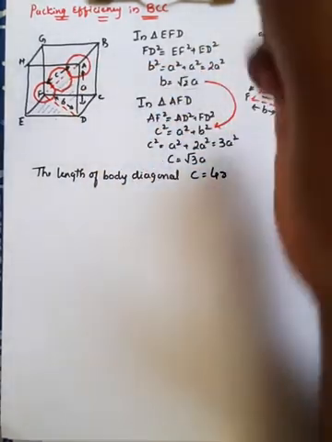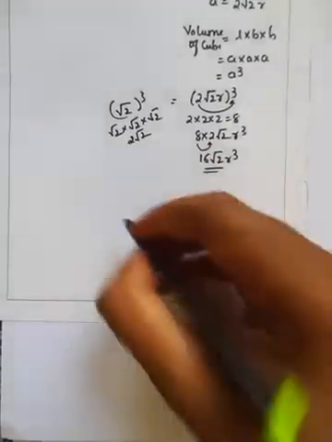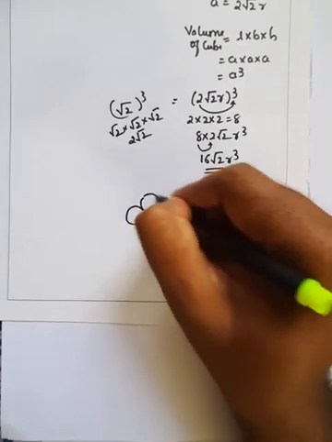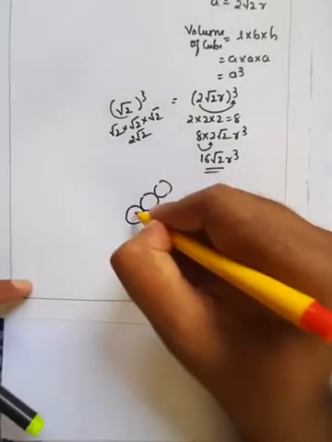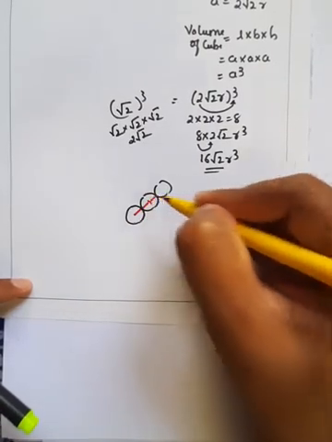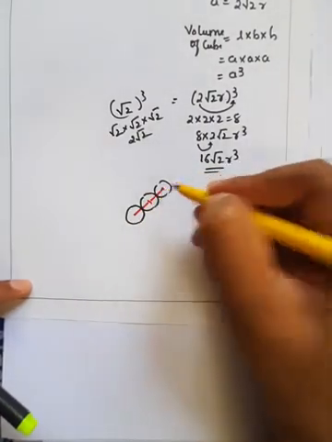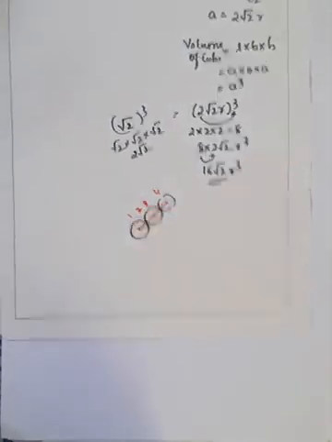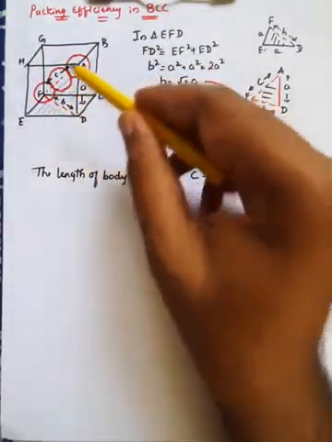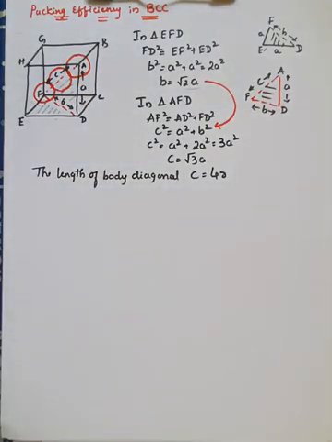Here again if I do the rough work, there are 3 spheres diagonally arranged. Again I will tell the same concept: 1 radius from the first circle, 2 radius from the middle circle, and 1 radius from the last circle. This is 1, 2, 3 and 4. You will get 4 radius. So again this length C is taken as 4R.